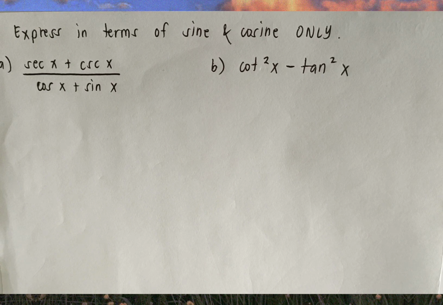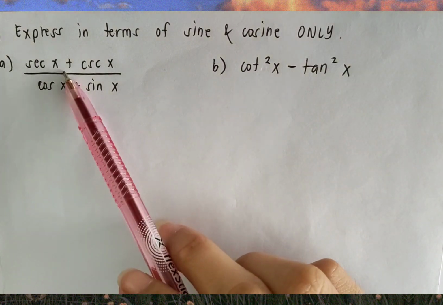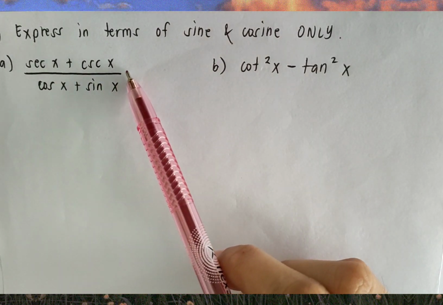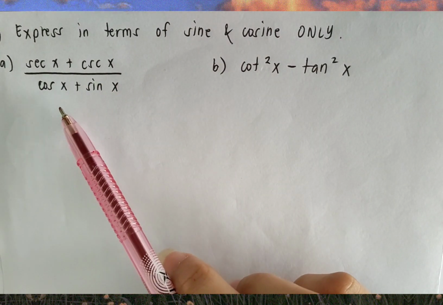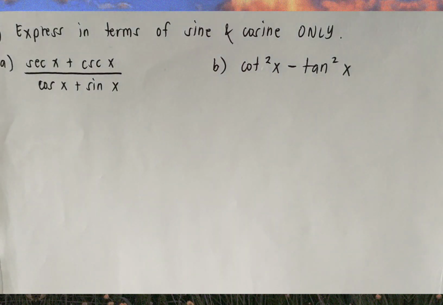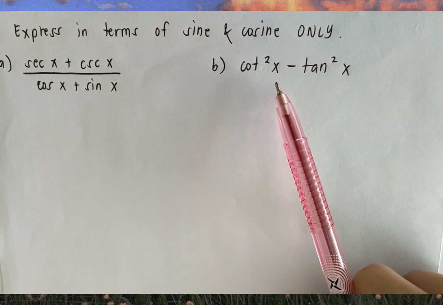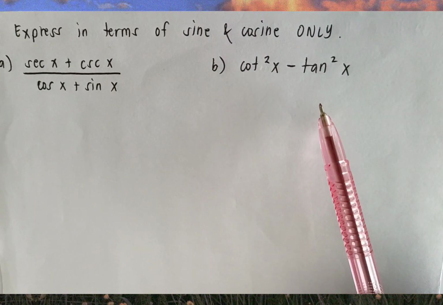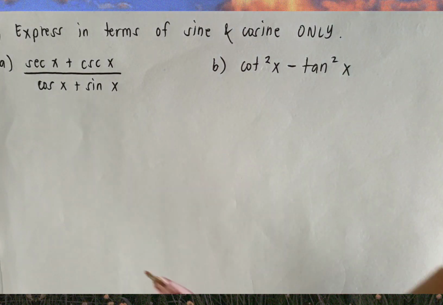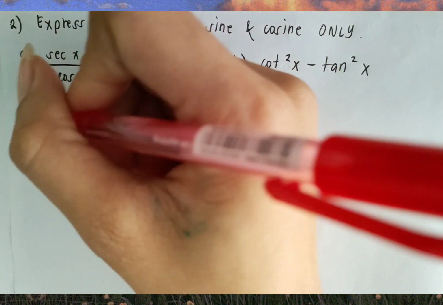Express in terms of sine and cosine only. So we have letter A, secant x plus cosecant x all over cosine x plus sine x. And for letter B, cotangent squared x minus tangent squared x. Let us compute first letter A.